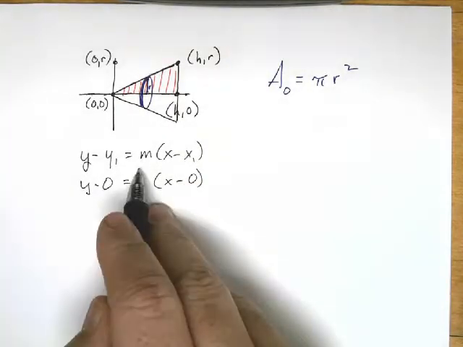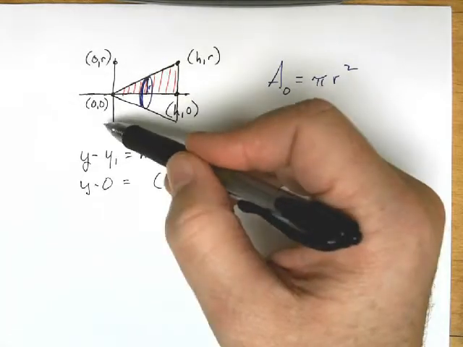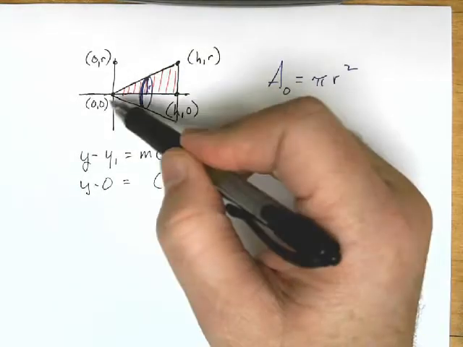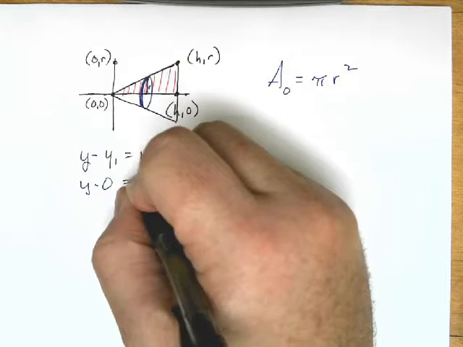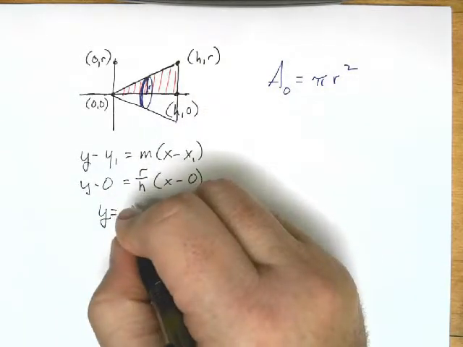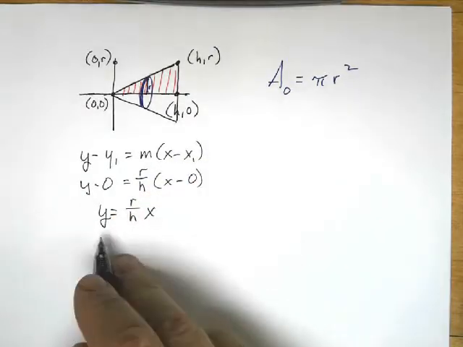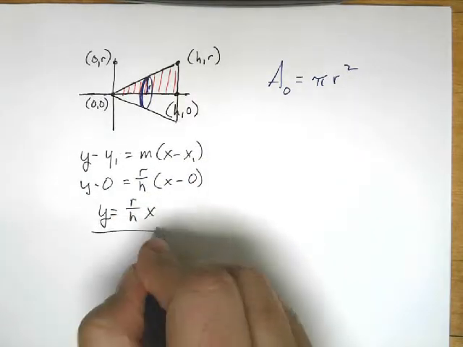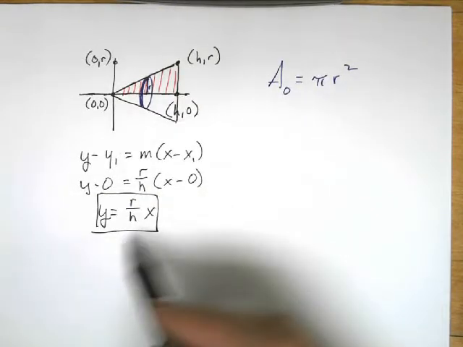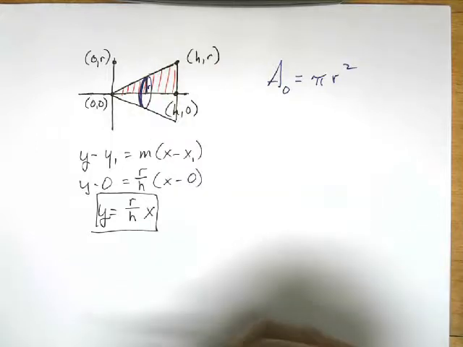Now we need to know what the slope is, and that's literally just y2 minus y1 over x2 minus x1. So it is going to be r over h. And then if we clean this up a little bit, y is equal to r over h times x. That is actually our linear function, and that's what we want to use. And since it is our linear function, it is our radius as well.